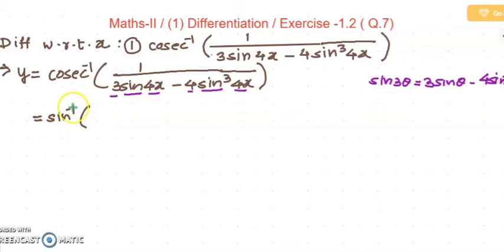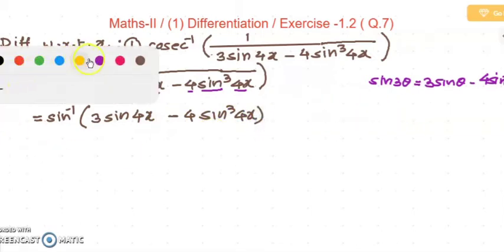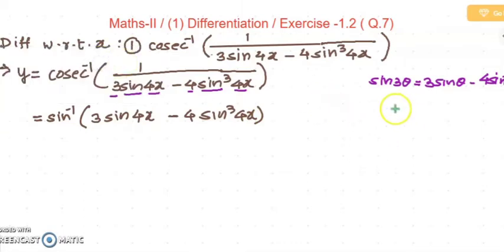The property used here is sine inverse of a upon b is equal to cosec inverse of b upon a, and vice versa.